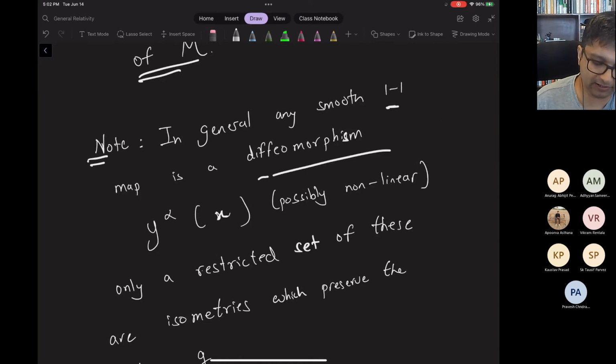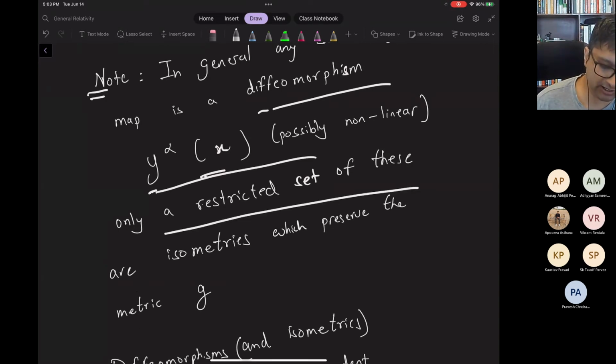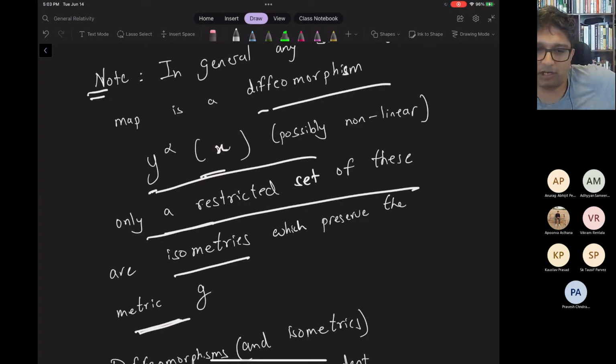That is, if I find some y as a function of x, possibly nonlinear functions, as long as these are smooth one-to-one functions, that is infinitely differentiable, then all of these are diffeomorphisms. But only a restricted set of these diffeomorphisms are isometries. These are the set of diffeomorphisms which preserve the metric G, or which preserve the inner product between arbitrary vector fields.